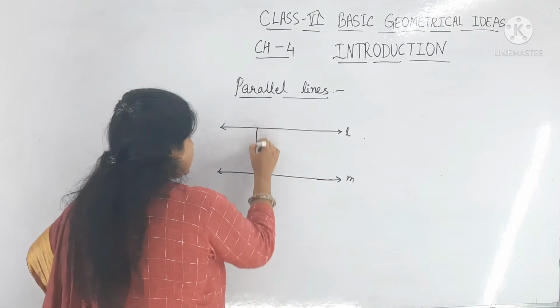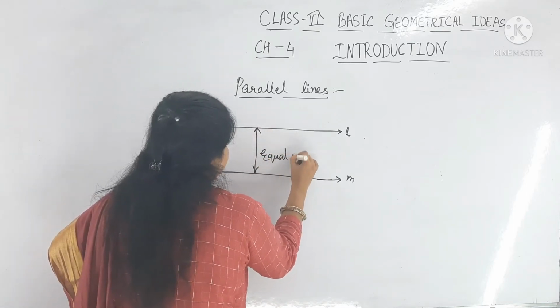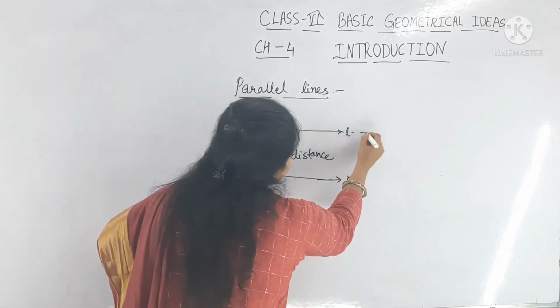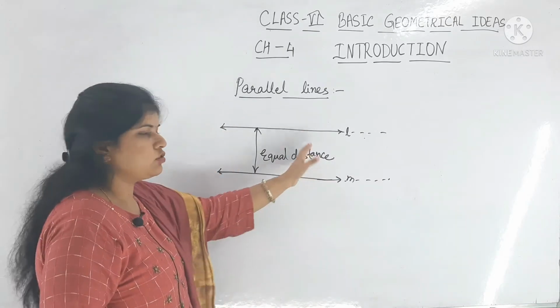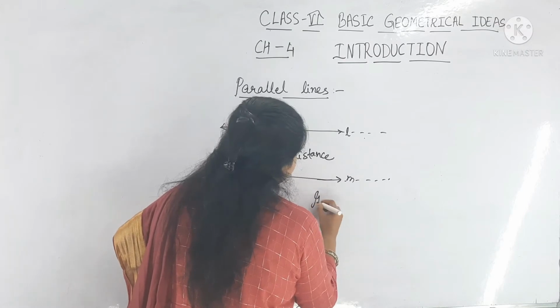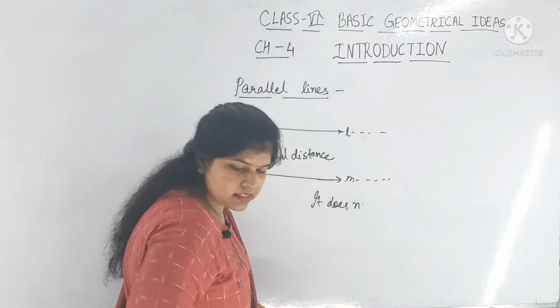So this distance is equal, and they extend. Okay, these are lines, so they can be extended, and they do not meet.